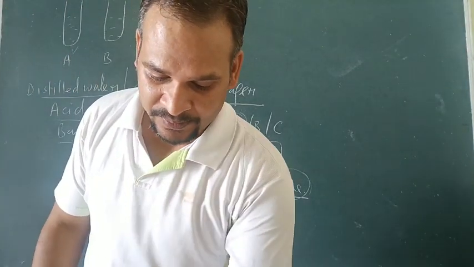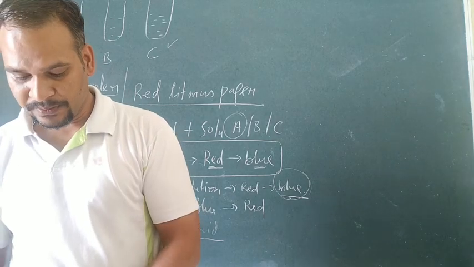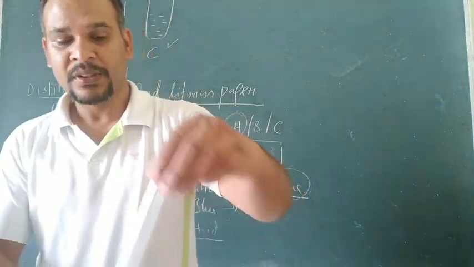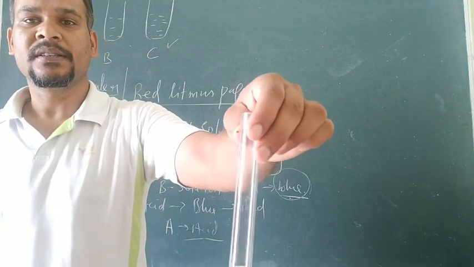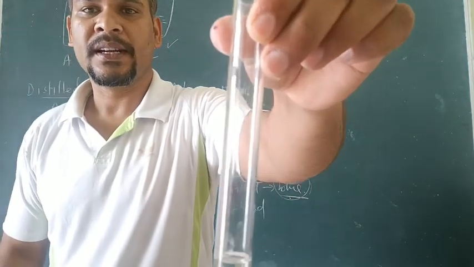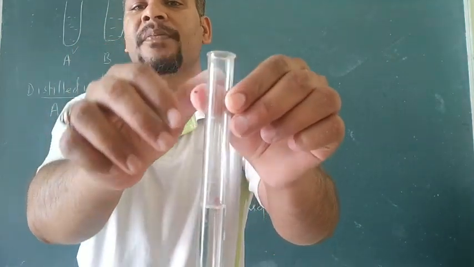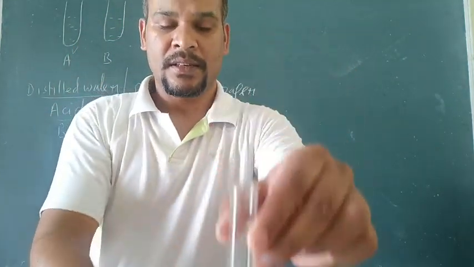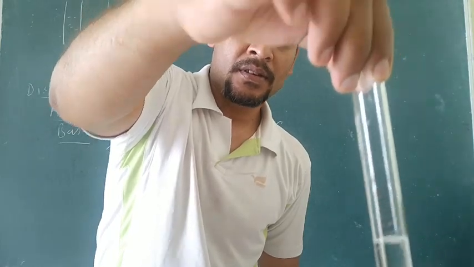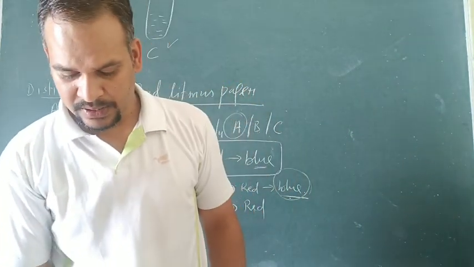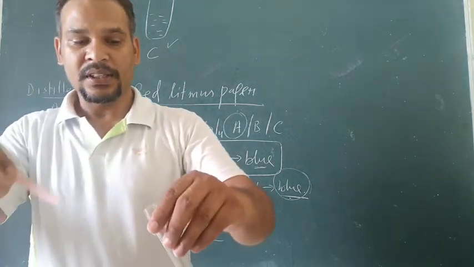Let's do the practical. I have red litmus paper along with me, and I also have 3 test tubes marked A, you can see it is very light, B, and C. Now I will put red litmus paper one by one into all 3 solutions.